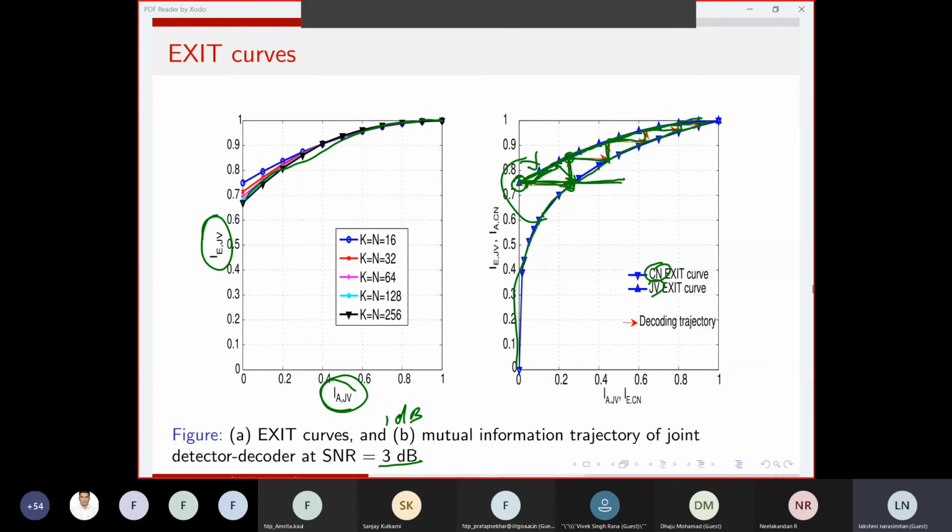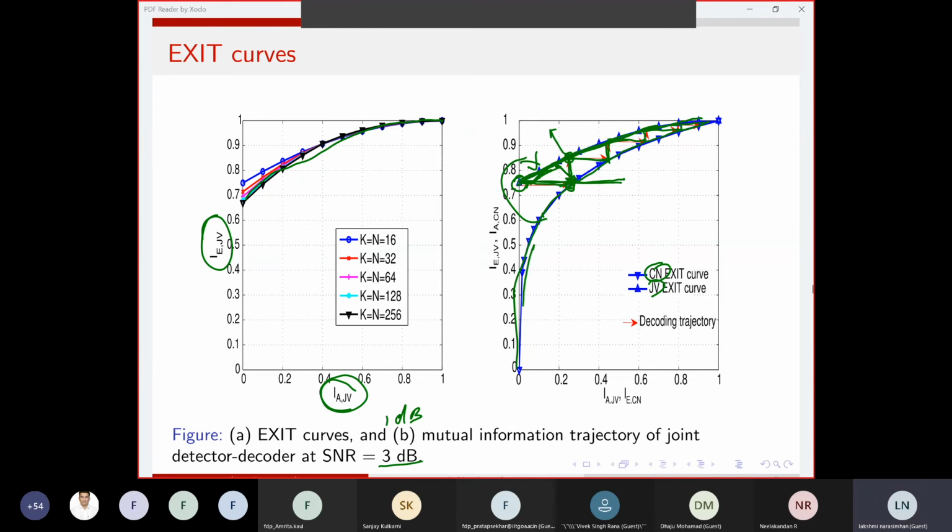If these two curves are close together only at very high SNR, then decoding is successful only at high SNR. So ideally we want these two curves to meet each other at as low an SNR as possible. We could tweak this by constructing an LDPC code which has this curve as high as possible.